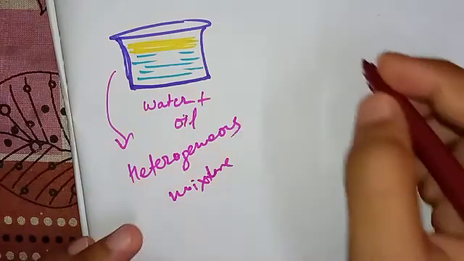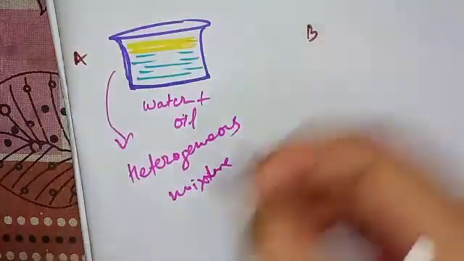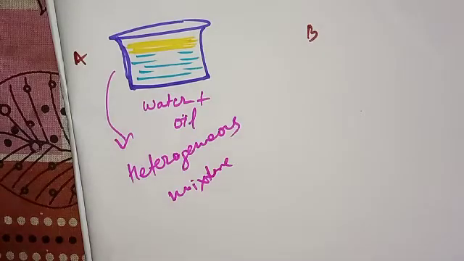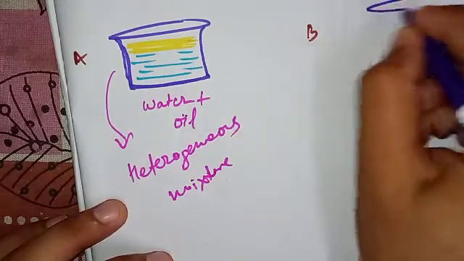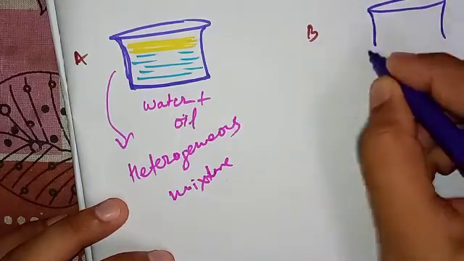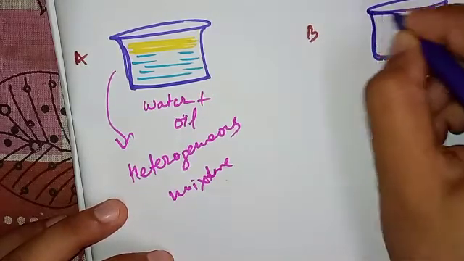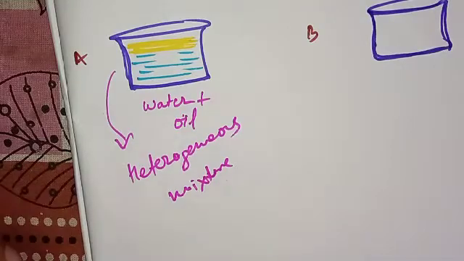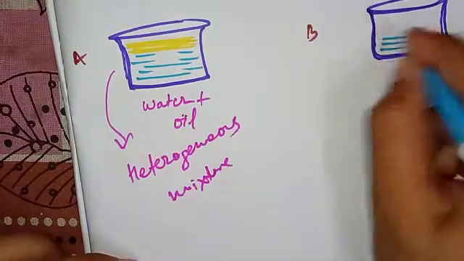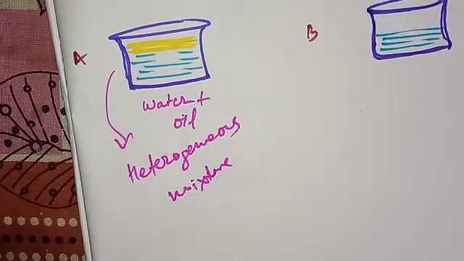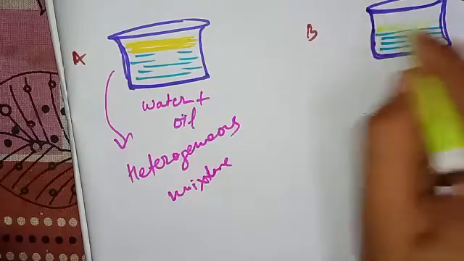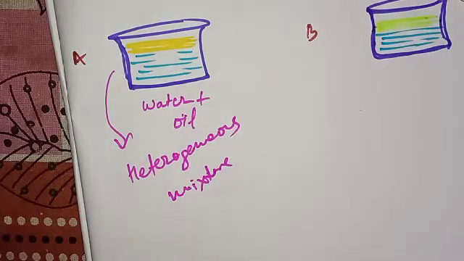This is sample A, and I have another sample B. I have taken another beaker, and I am adding water and salt. Suppose I am drawing the salt with this color. If you stir it, what will happen?